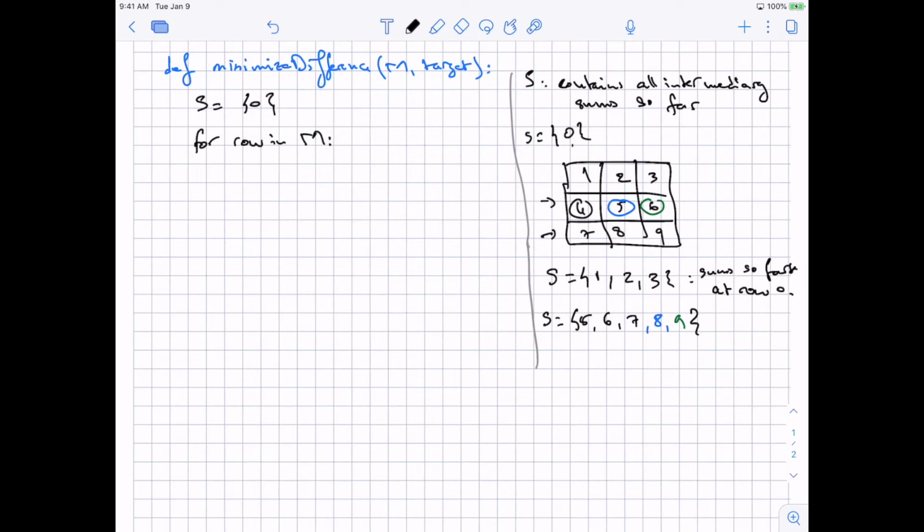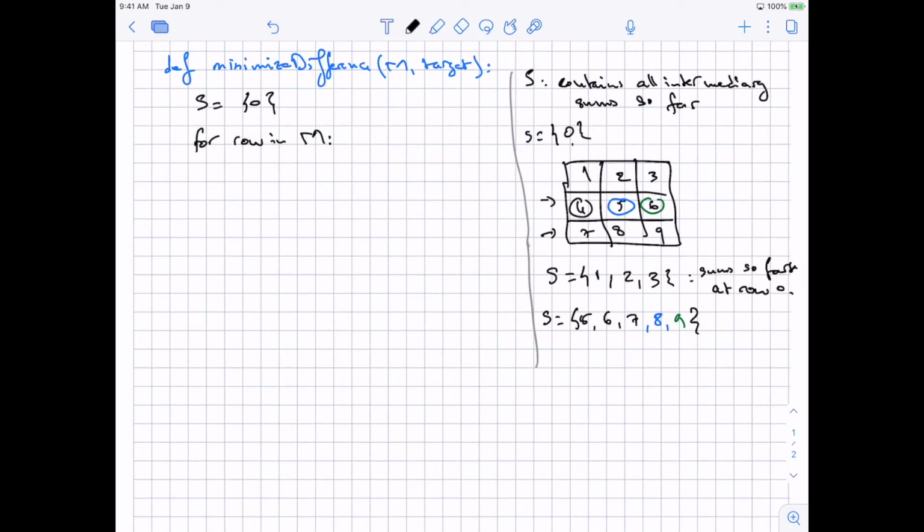So basically what we are doing is just finding all the possible sums by picking each different cell from a row, and having all these possible sums in a set.